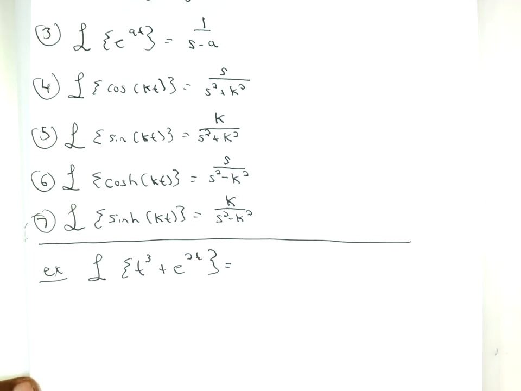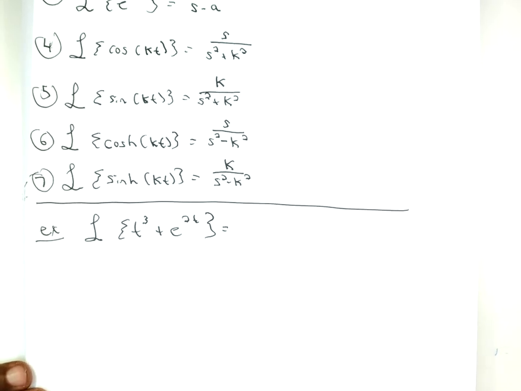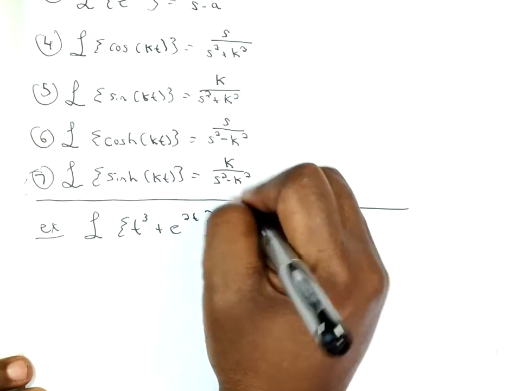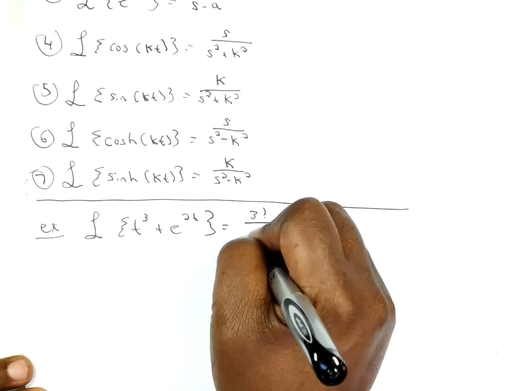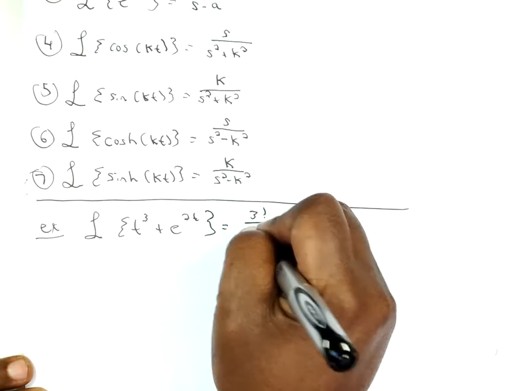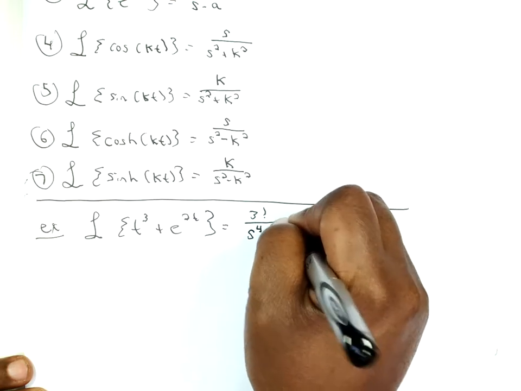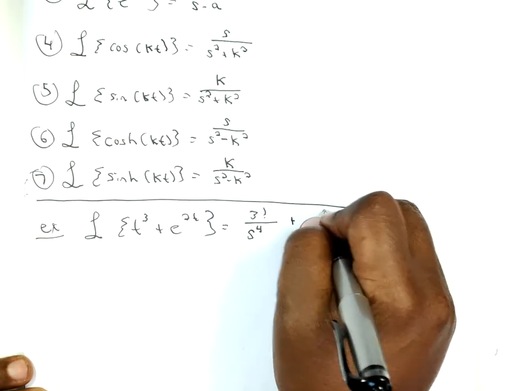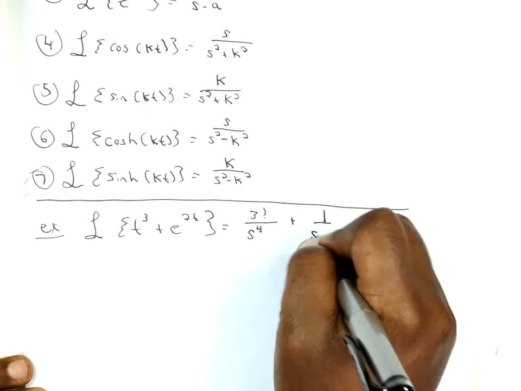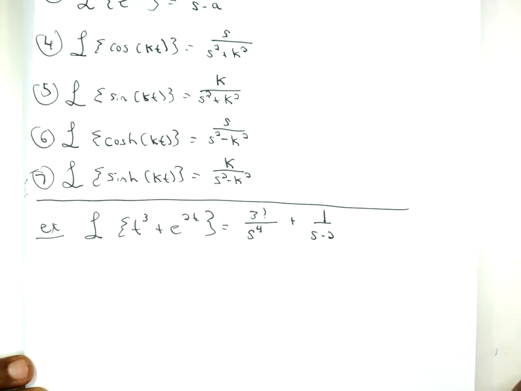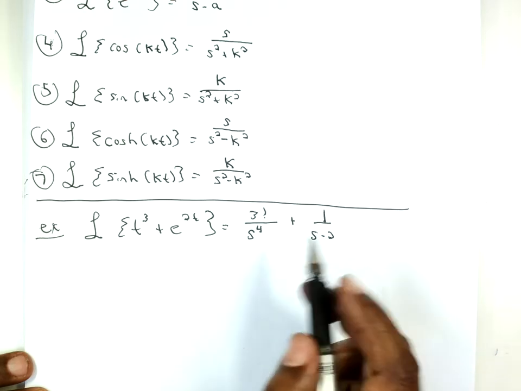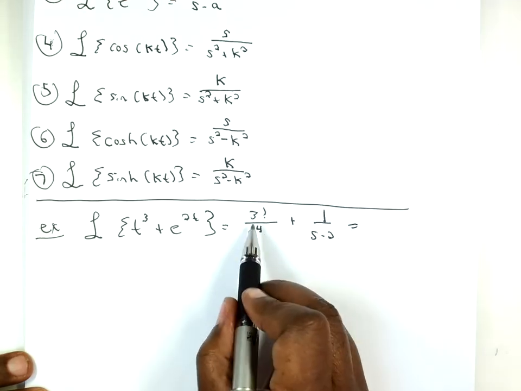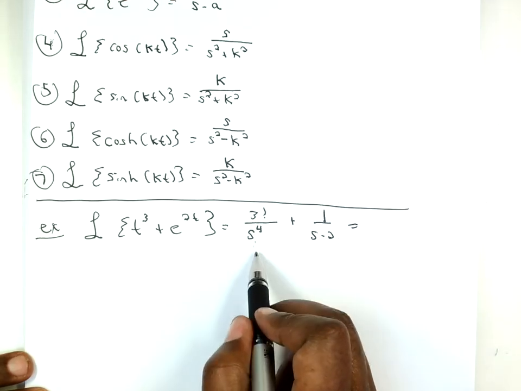So if I have the Laplace transform of t cubed plus e to the 2t, the t cubed is going to be 3 factorial over s to the n plus 1, so s to the 4th. And then e to the 2t is 1 over s minus 2. So we get 6 there. And again, if I want to put it together, I need to multiply this fraction by s minus 2 over s minus 2.